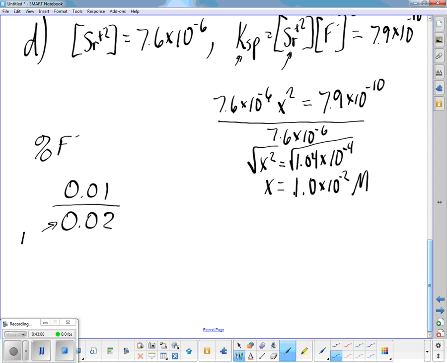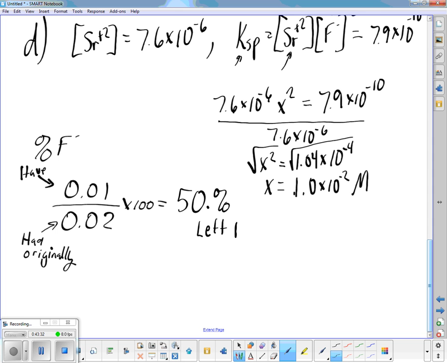This is what I had originally up in the problem. This is what I have now. I'm going to times that by 100, and I'm going to end up with 50%. That's what I have left. And always label what you have.